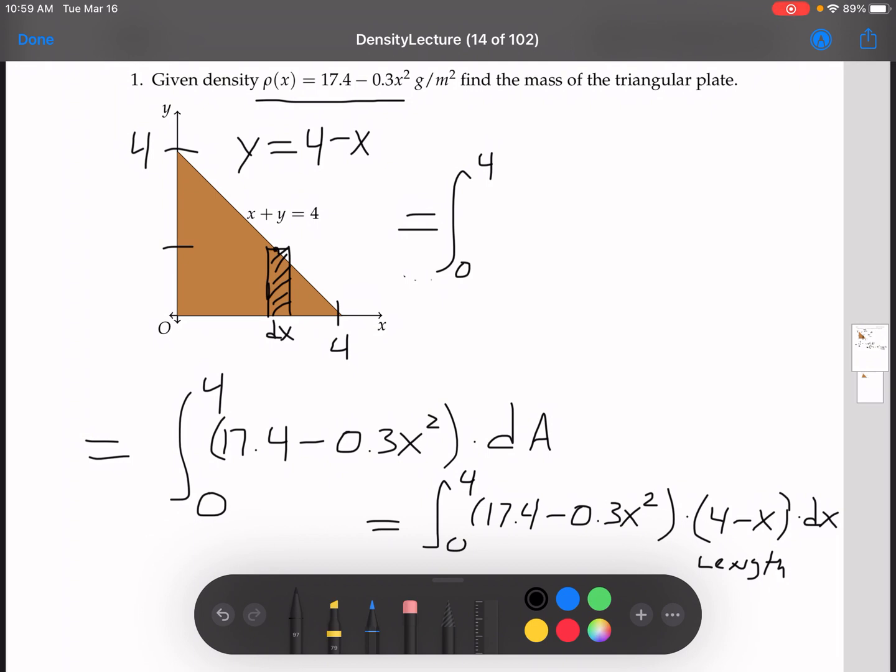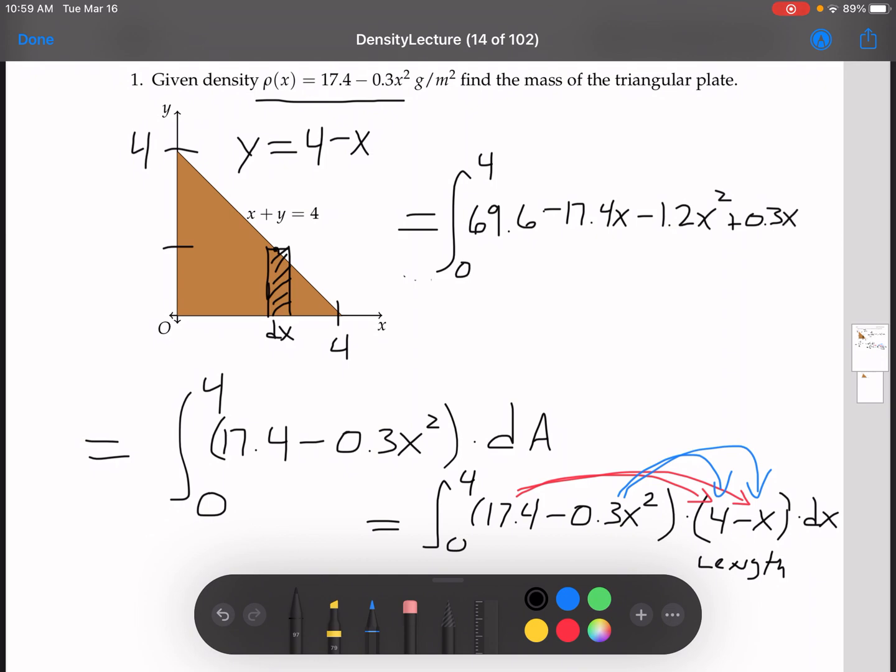So doing that math, I get 69.6 minus 17.4x, minus 1.2x squared plus 0.3x cubed dx.